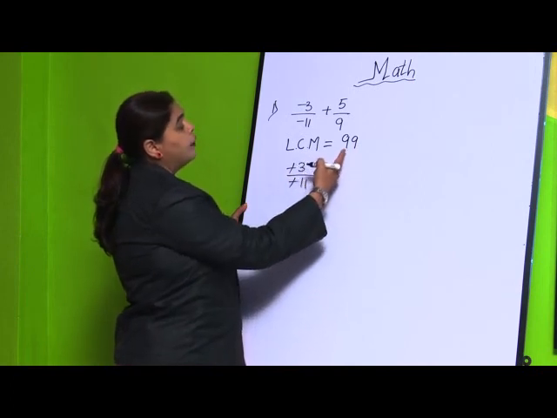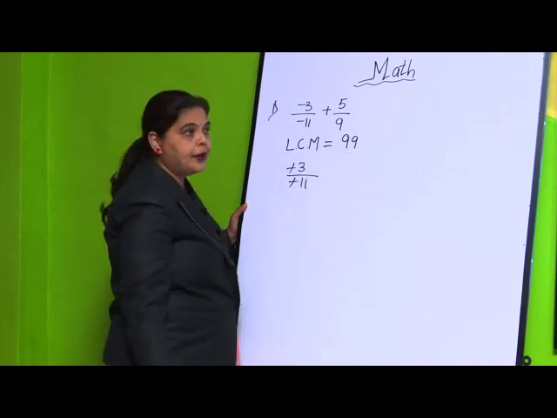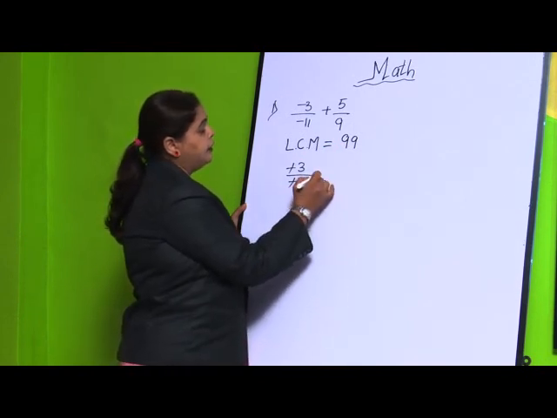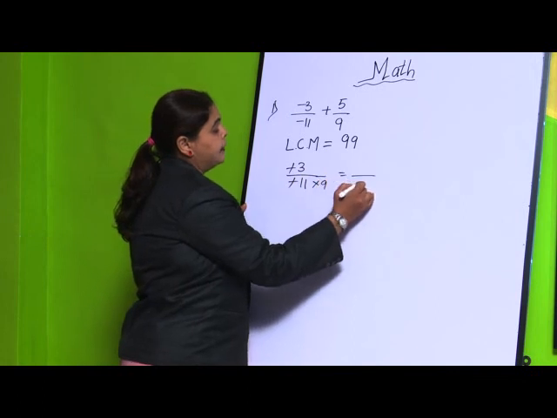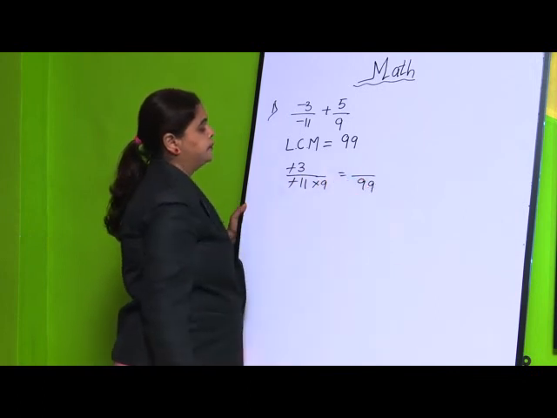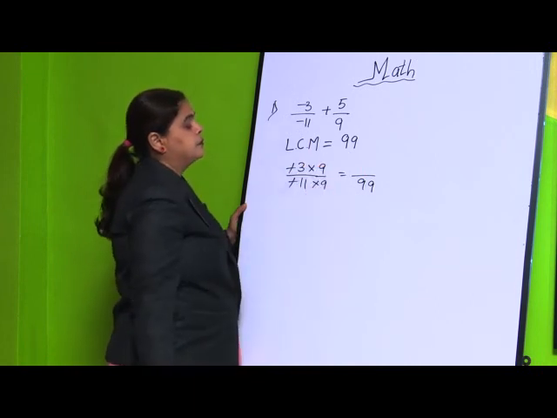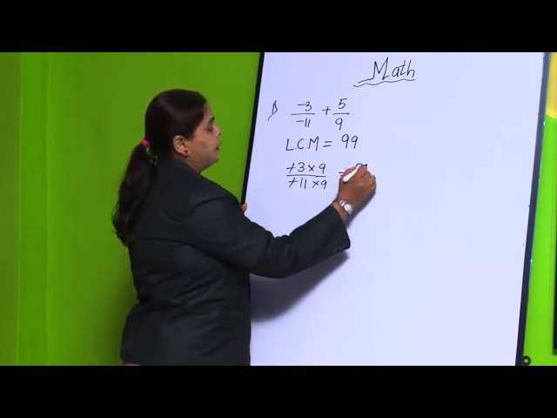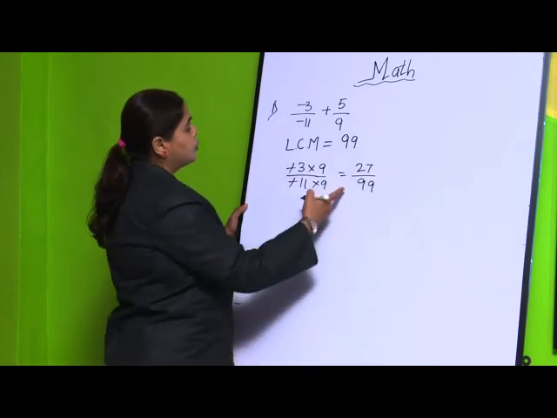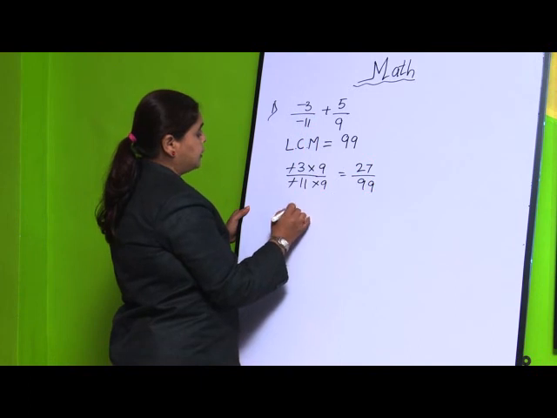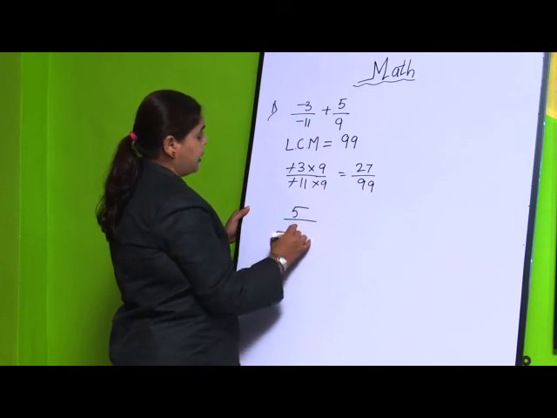What do we have to do? We have to make the denominator 99. So we will multiply it by 9 to get 99 as the denominator. Here we will multiply the numerator by the same number, 9 3s are 27. So we have found one rational number; another rational number is 5 upon 9.